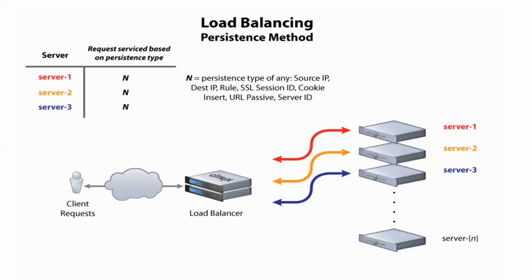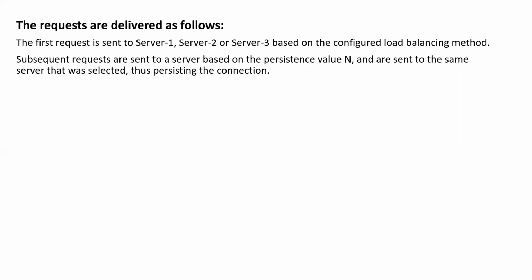If you look at the example, this is how the requests are delivered. The first request is sent to server 1, server 2 or server 3 based on the configured load balancing method. The subsequent requests are also sent based on the persistent value, and are sent to the same server that was selected, thus persisting the connection.